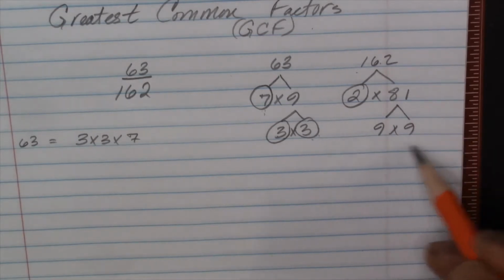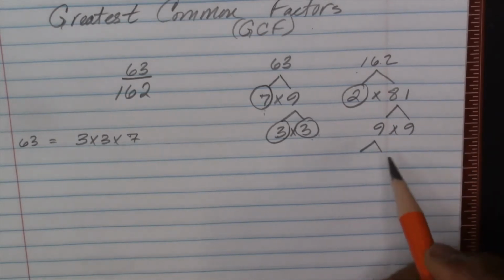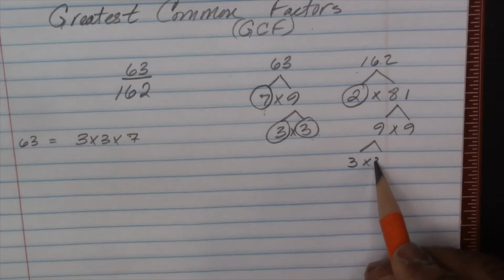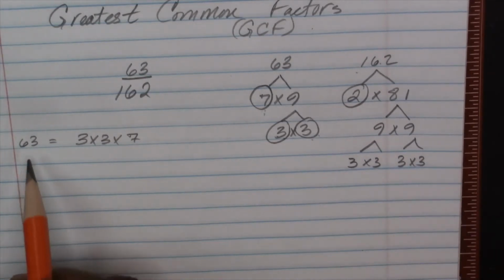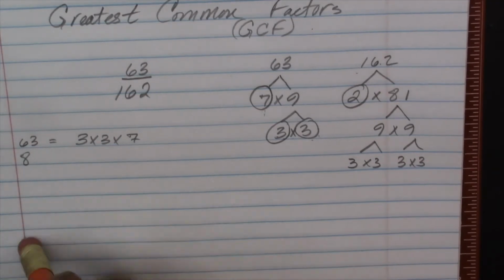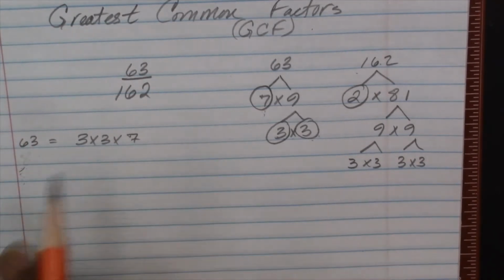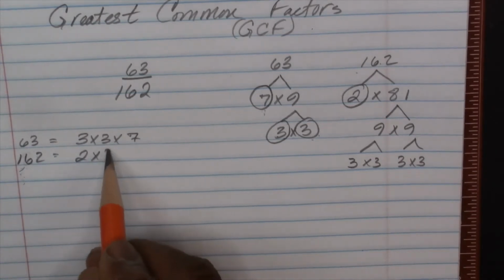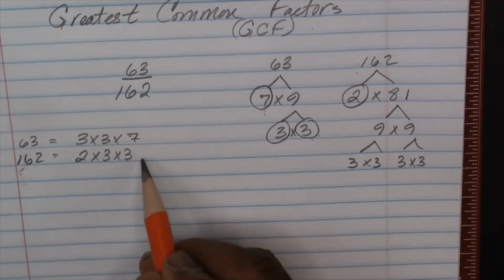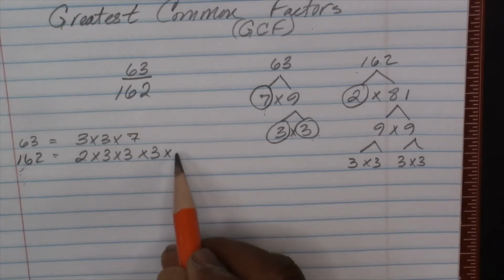It's not prime, I can break it down. And I know 9 can be broken down to 3 times 3, and that means this is also 3 times 3. The prime factorization of 162 is going to be 2 times 3 times 3 times 3 times 3.